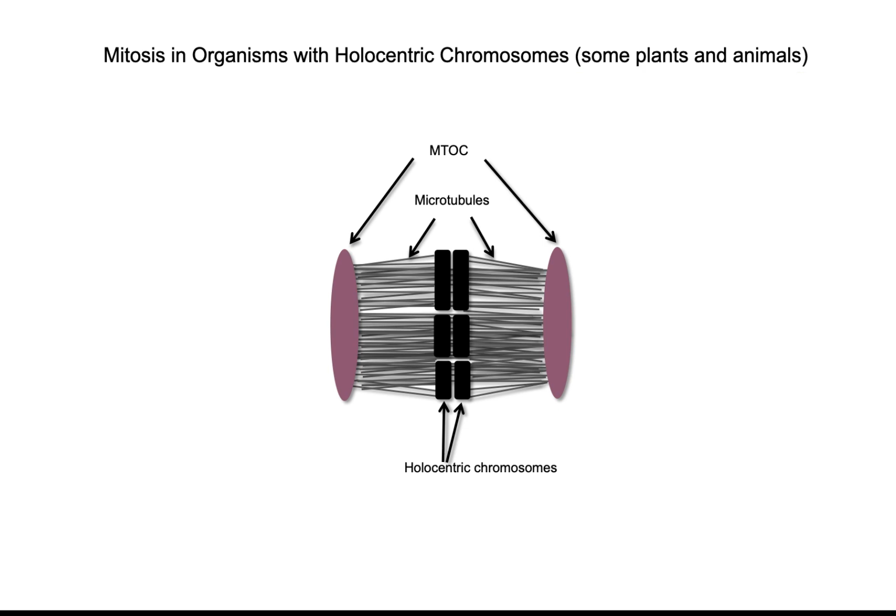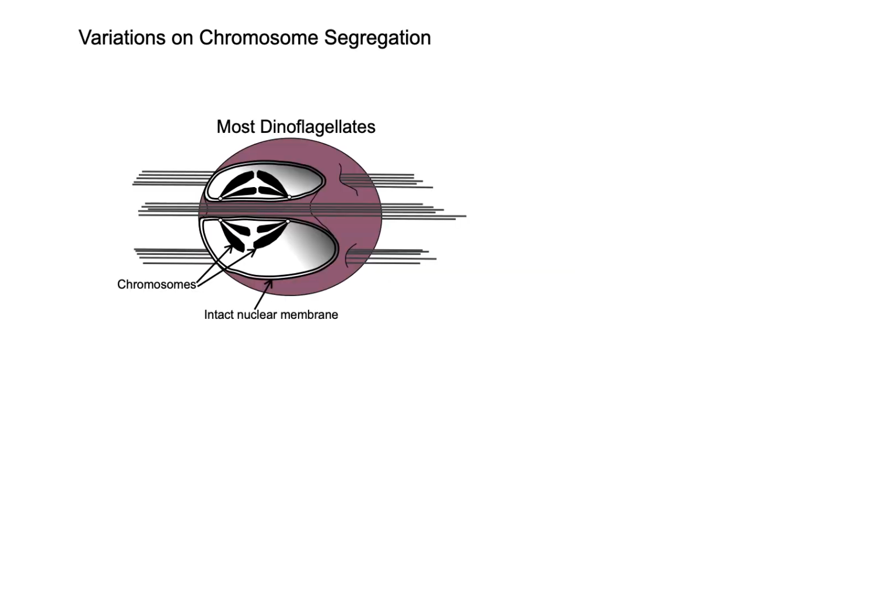So this is just another example of the variation and diversity that you see in various functions during evolution of certain organisms. But there are many other variations on segregation of the chromosomes.